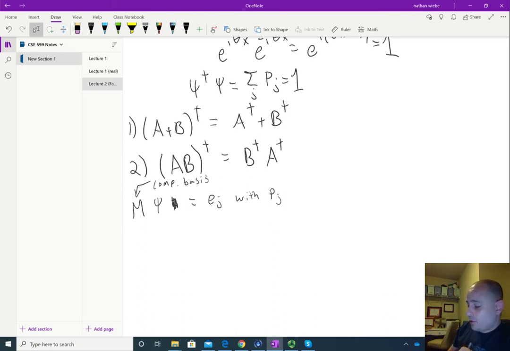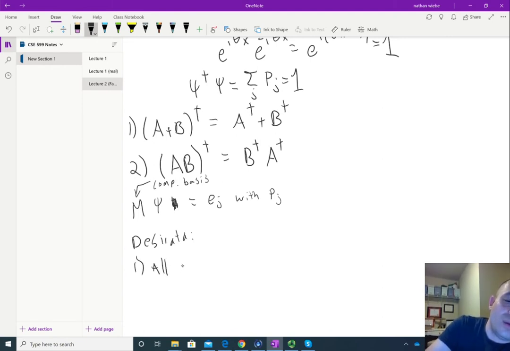Basically, what we want is for all of our operations, except measurement M, to be reversible, or rather, invertible.